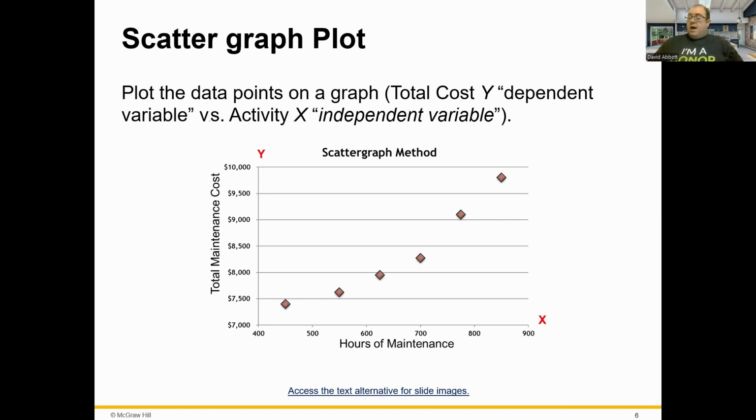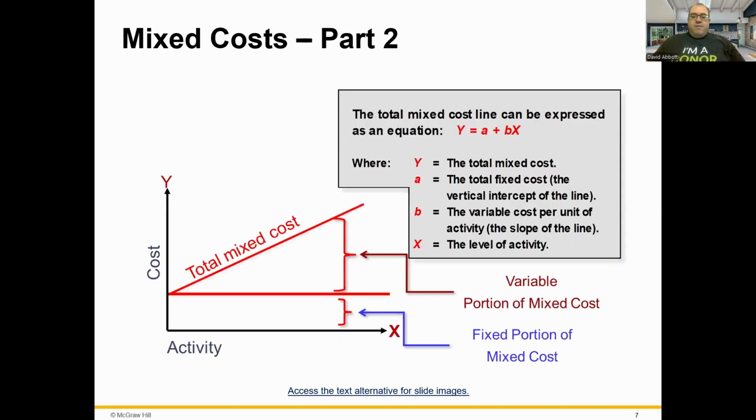If the scatter plot does not depict linear cost behavior, then it makes no sense to proceed any further at analyzing the data. In this example, the dots are linear, so we can proceed with the high-low method. So in this, we can see if we were to draw a line, we could almost draw a line, and it follows that.